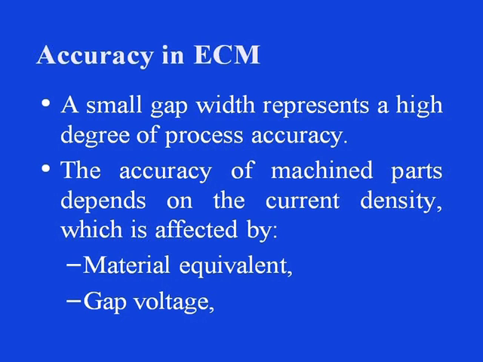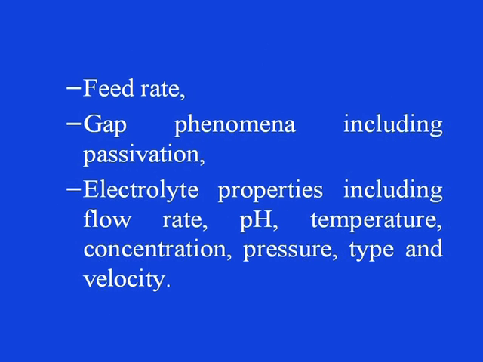The accuracy of machined parts depends on the current density, which is again affected by material equivalent, gap voltage, feed rate, gap phenomena including passivation, electrolyte properties including flow rate, pH, temperature, concentration, pressure, type and velocity, etc. For high process accuracy, conditions leading to a narrow machining gap are recommended.